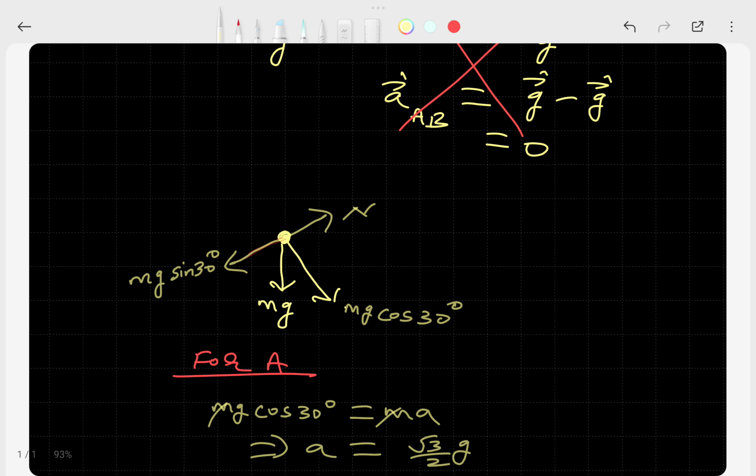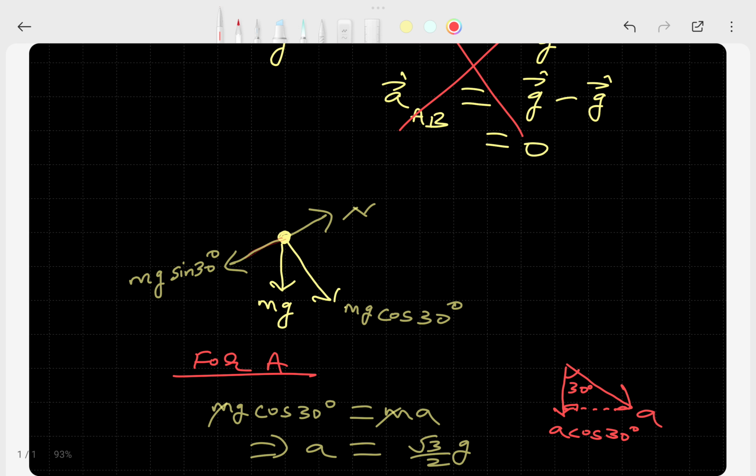Now vertical acceleration. Geometry is very important. If you see vertical acceleration, this is a. Now this is your vertical and this is 30 degree. So again you need to draw projection here. So this will be a cos 30 degree only, right?